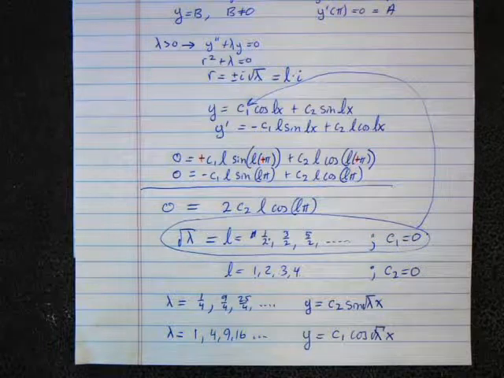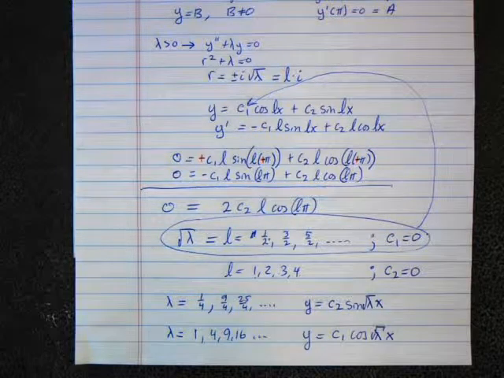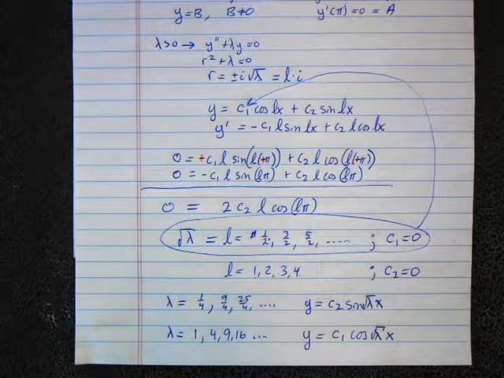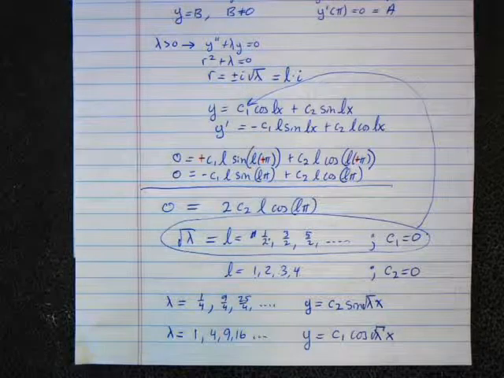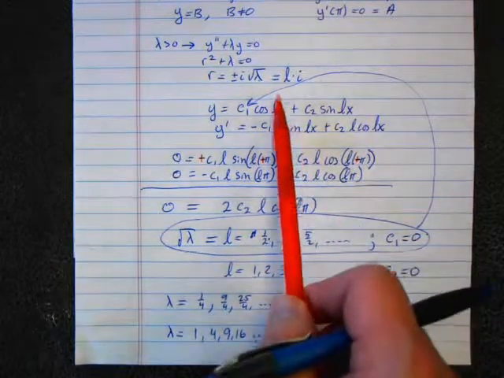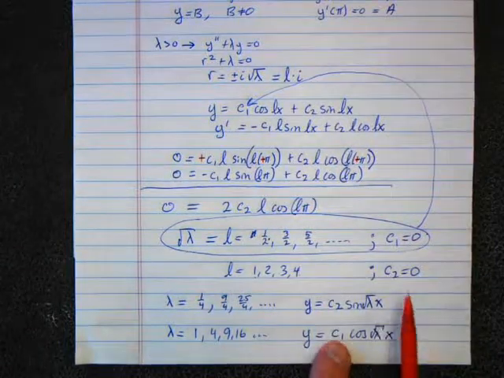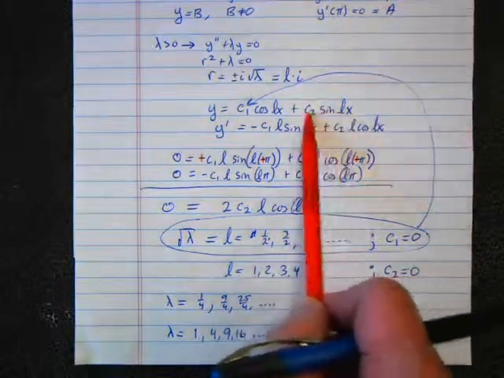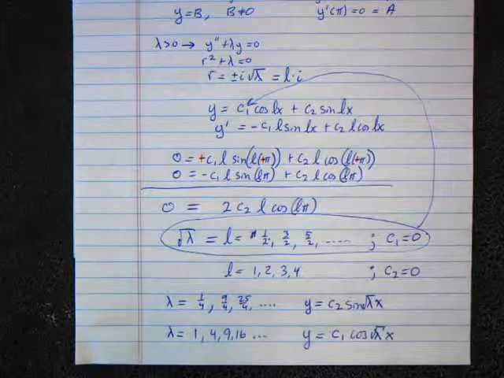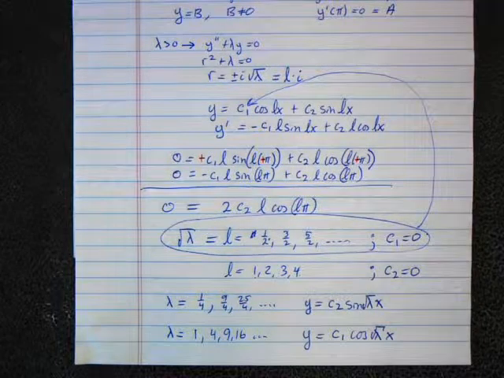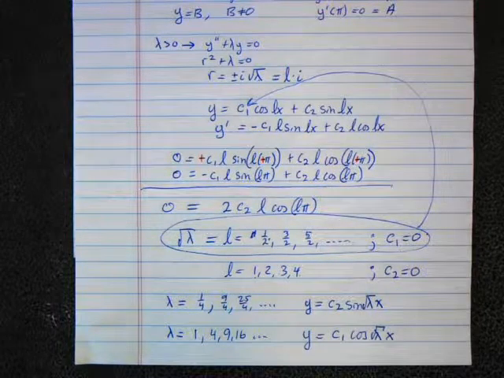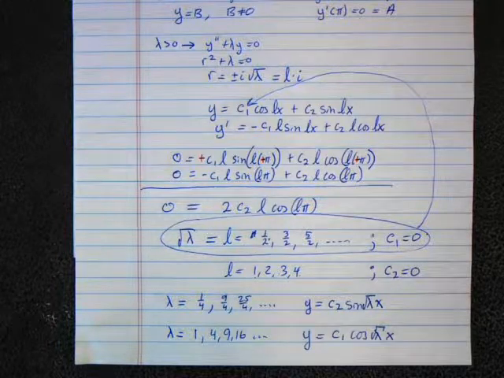So when you're writing that last part, you don't have to include that as long as C1 equals 0. Right, because for this part, C1 was 0, so this piece is gone. And for the second condition, C2 had to be 0, which means that half of the equation is gone. Questions on that?